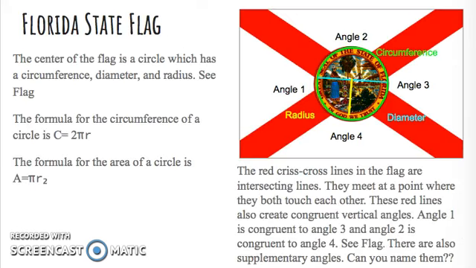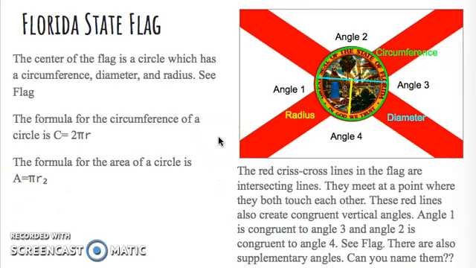And then the Florida state flag has a circle in the middle, which has a circumference, a diameter, and a radius. Here are the formulas: circumference, C equals 2 pi r, and the area of a circle, area equals pi r squared.